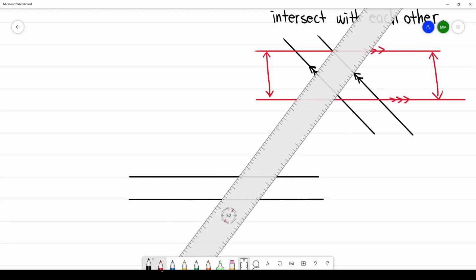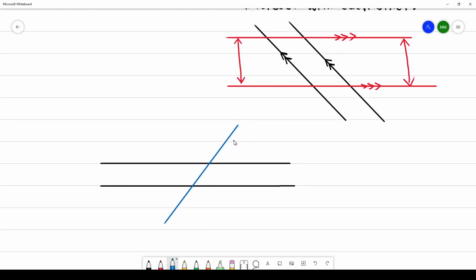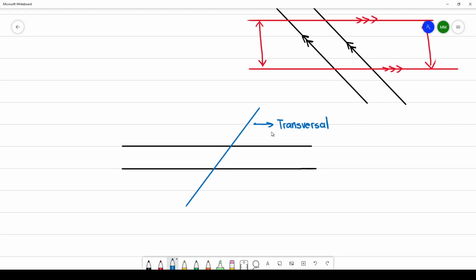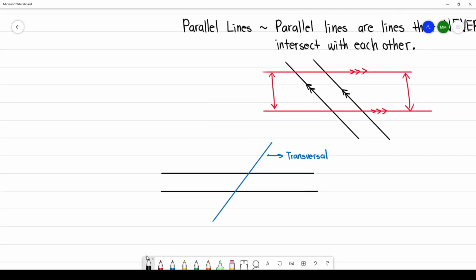This is a line that goes through both parallel lines. And now this blue line here is called a transversal. So just keep note of this name because I'm going to refer to it a lot. This line here is called a transversal. And let me indicate that these two lines are parallel.